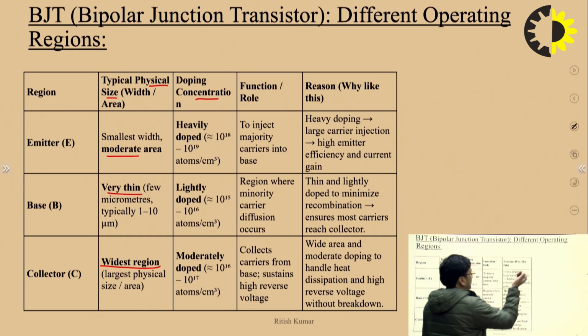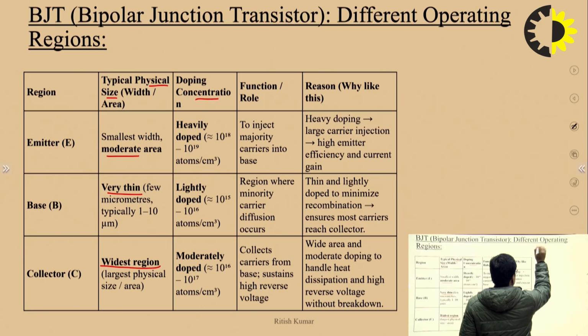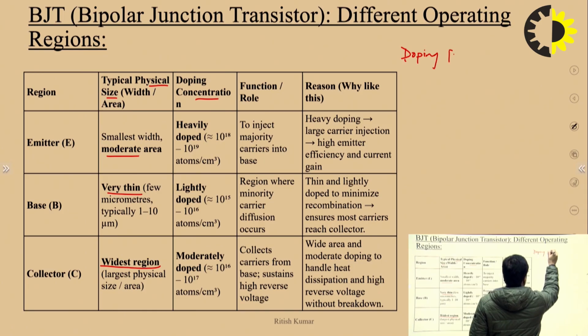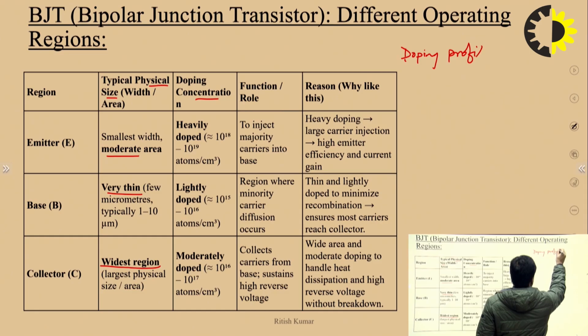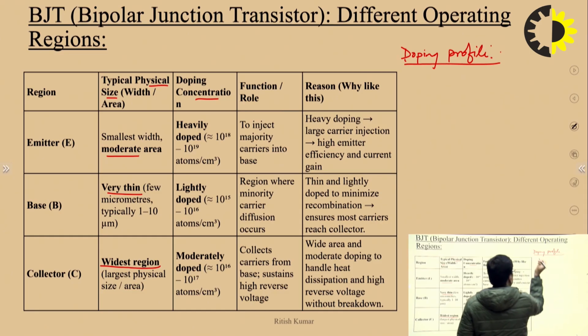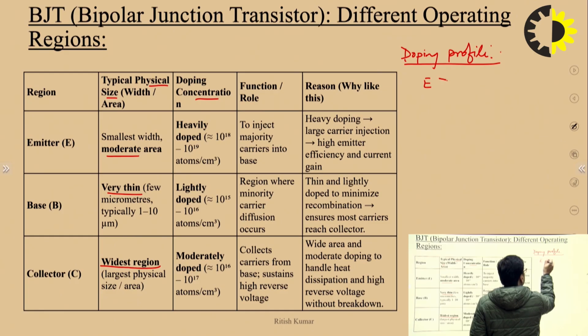So if I say in a single line, in the case of doping profile, the emitter is highly doped, the base is lightly doped, and the collector is moderately doped. So the base is lightly doped, the emitter is heavily doped.